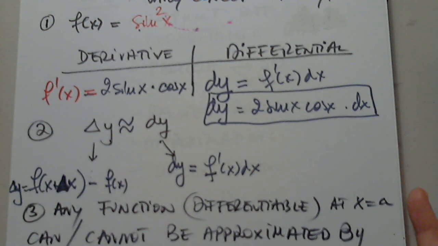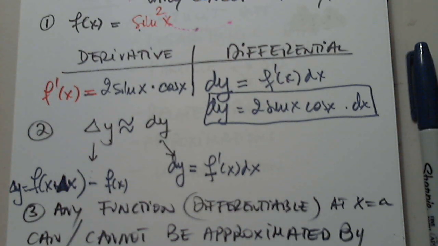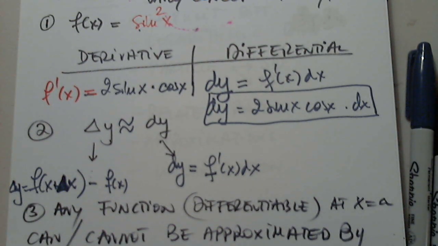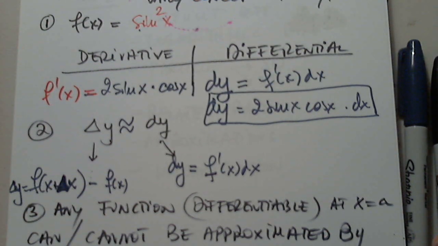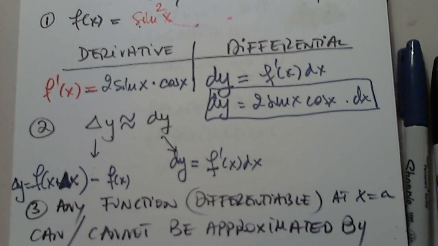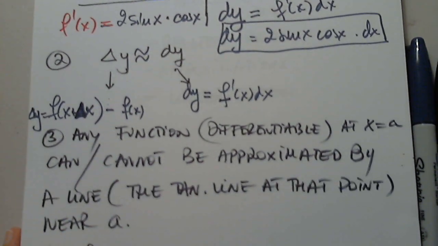Can or cannot be approximated by the tangent line at that point near a? What do you think? It's okay if you're wrong. It can or cannot.